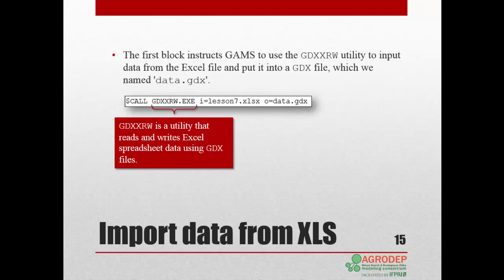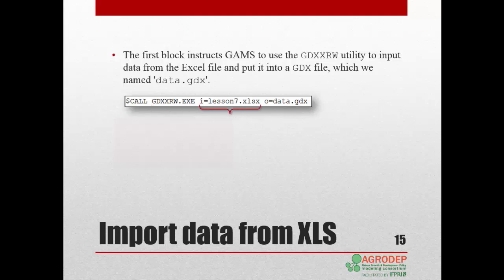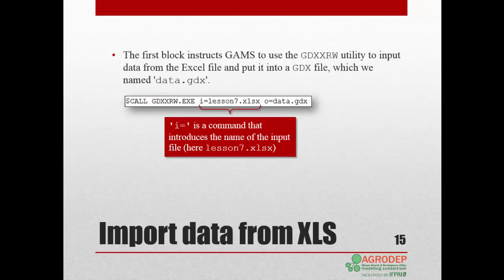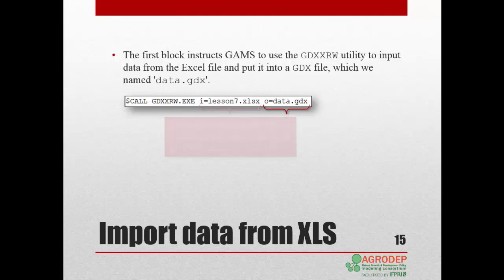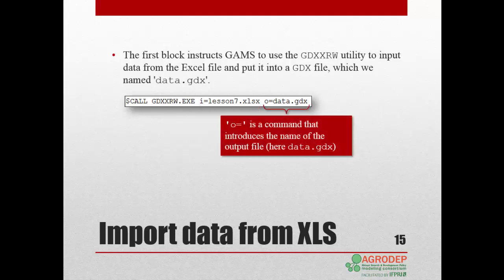GDXXRW is a utility that reads and writes Excel spreadsheet data into GDX files. The following arguments indicate the input and output files. I= specifies the name of the input file, Lesson7.xlsx. O= specifies the name of the output file, data.gdx.